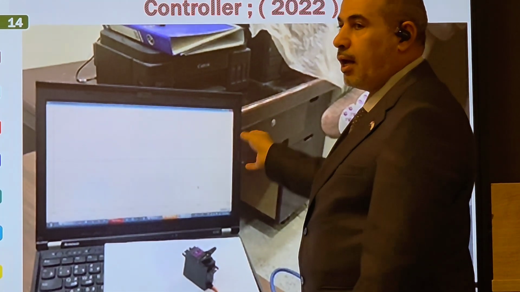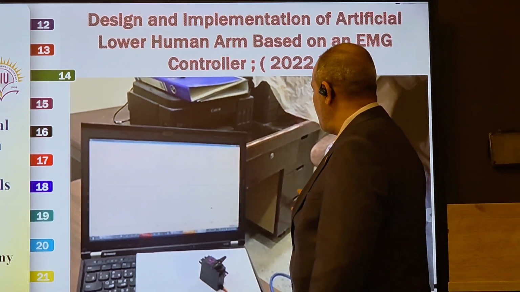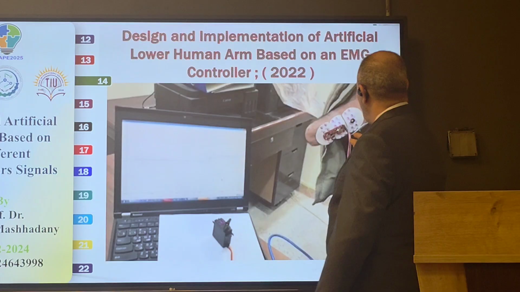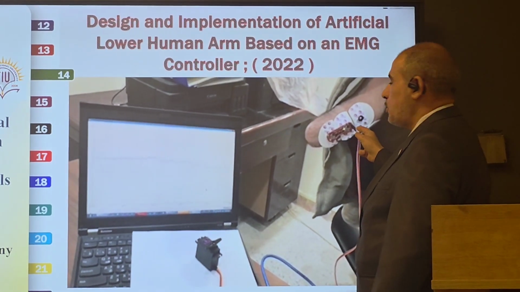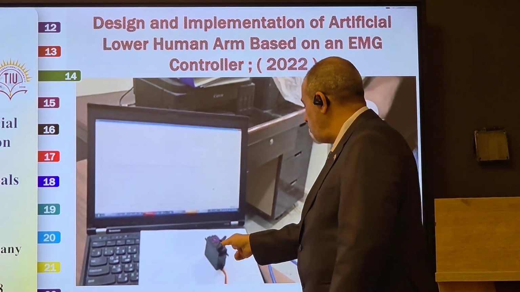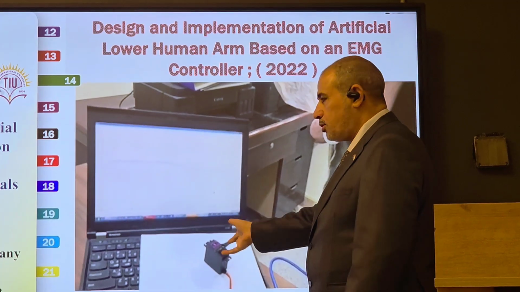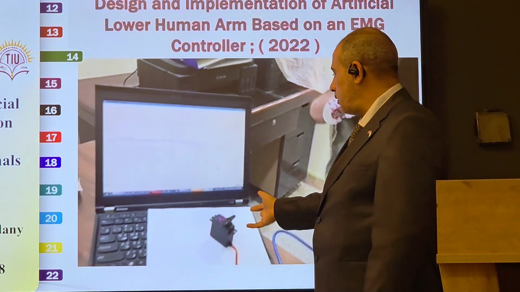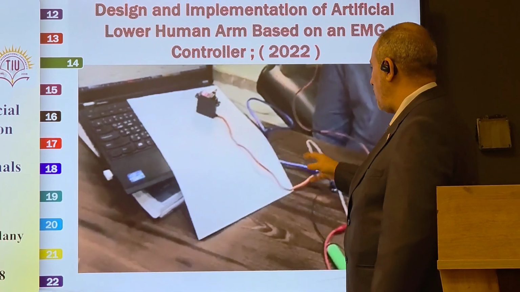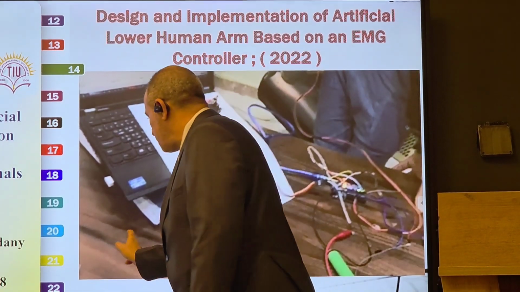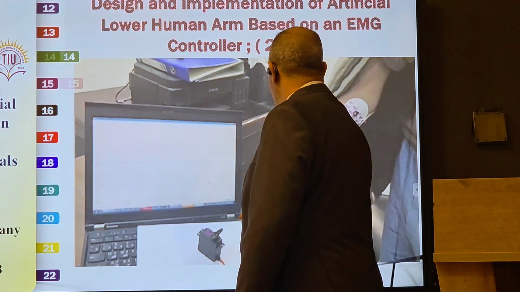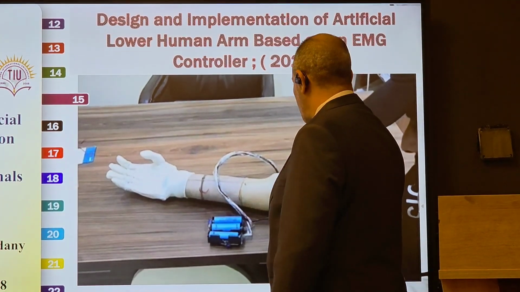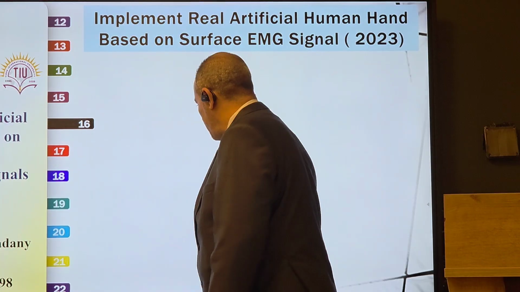This is a huge process until we get this result. This now used EMG signal to control the movement of servo motor. This servo motor is used to move the joint. In another project, we'll use six servo motors for the artificial limbs.